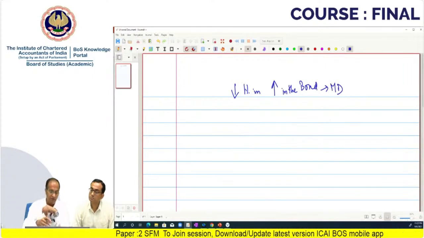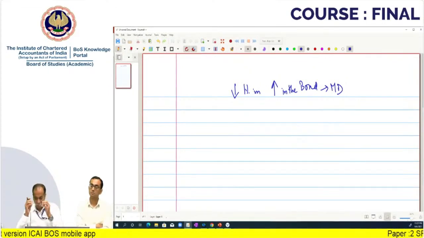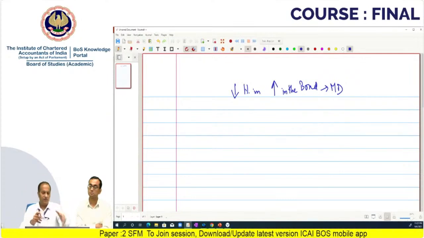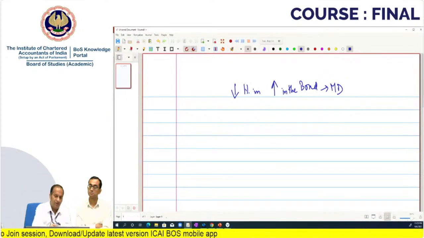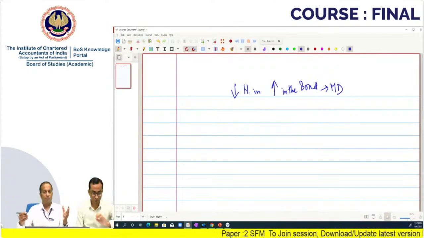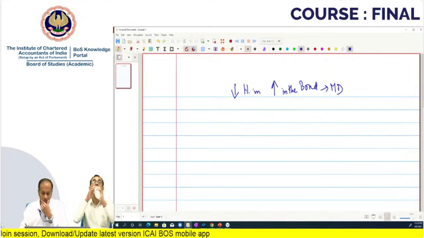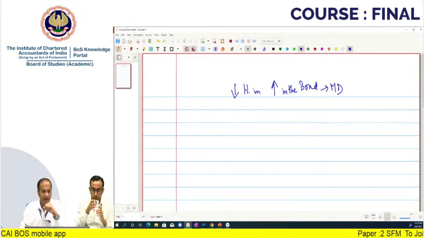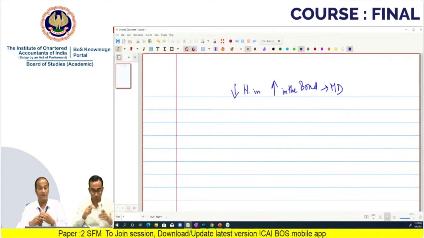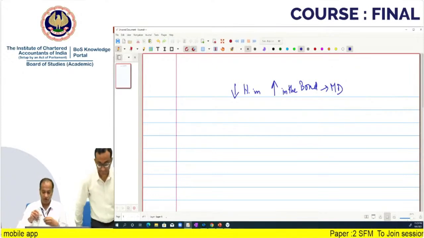So normally we draw one chart showing the change in the value of the bond based on this duration. But it has been seen that actually this may not exactly happen. There may be some change. Now I will show you.